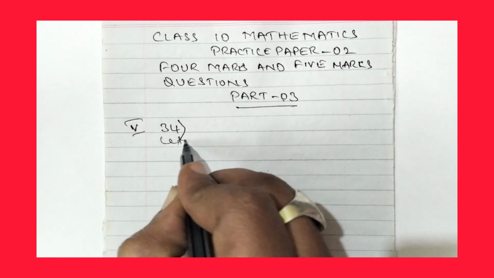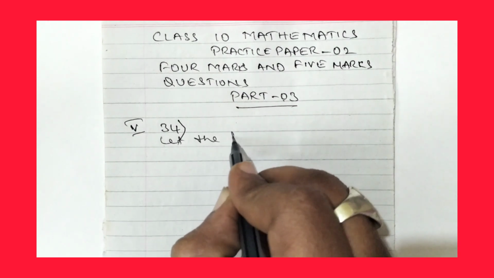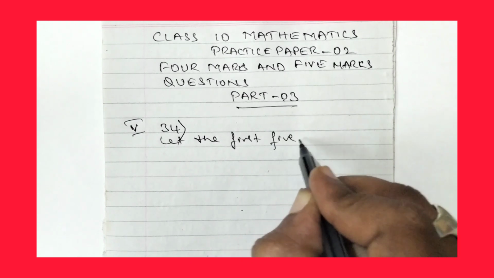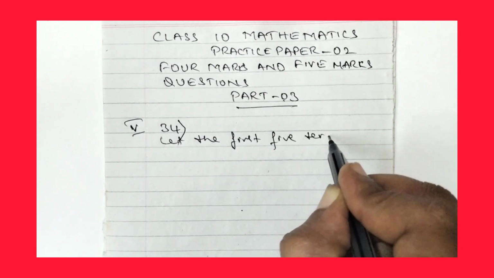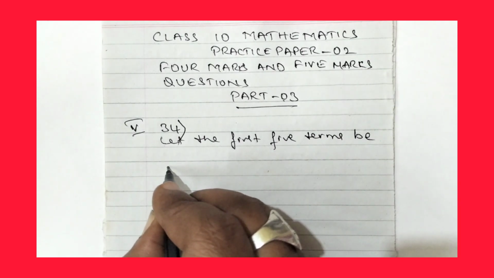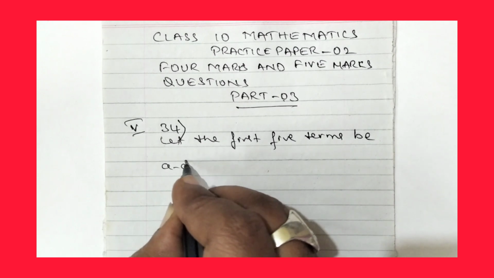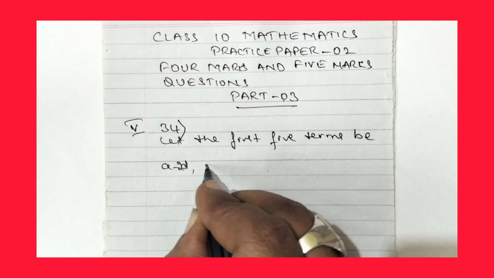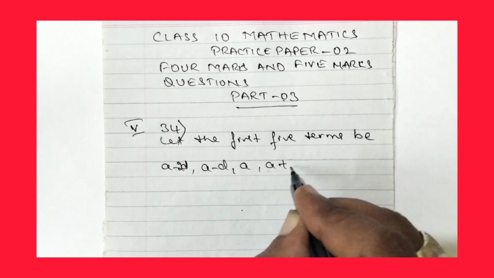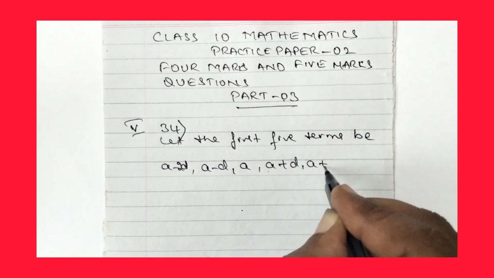So let us write here, let the first 5 terms be a minus 2d, comma a minus d, comma a, comma a plus d, comma a plus 2d.